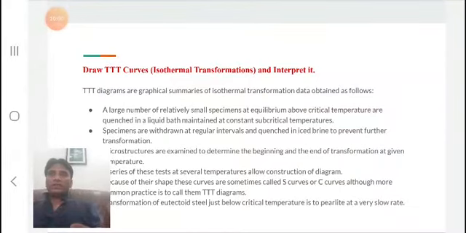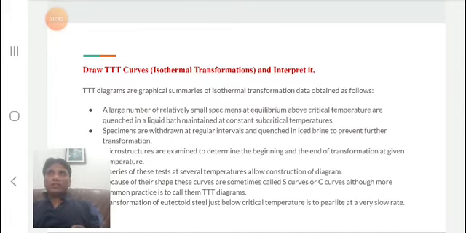TTT diagrams are graphical summaries of isothermal transformations obtained as follows. A large number of relatively small specimens at equilibrium above critical temperatures are quenched in a liquid bath maintained at constant subcritical temperatures. Specimens are withdrawn at regular intervals and quenched in iced brine to prevent further transformation.